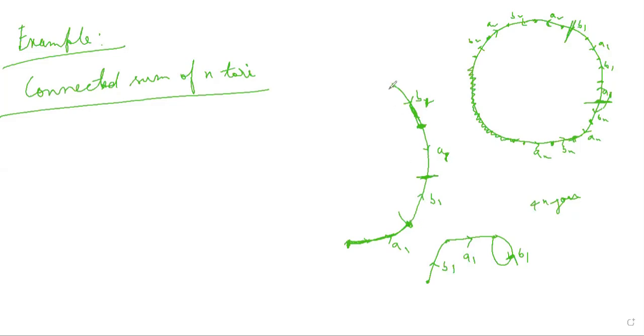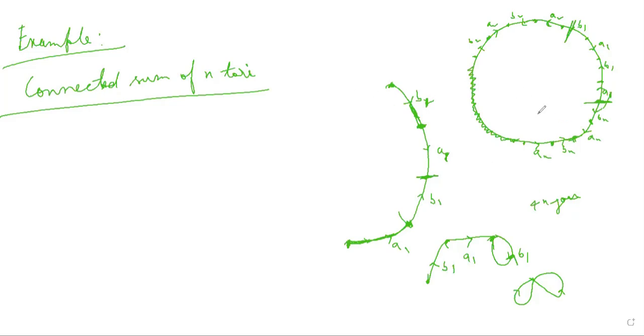So this point will go to here, so this will travel like this, and this point will go here. So we'll have something like this, and then something like this. So we have something like a figure eight kind of thing, right?